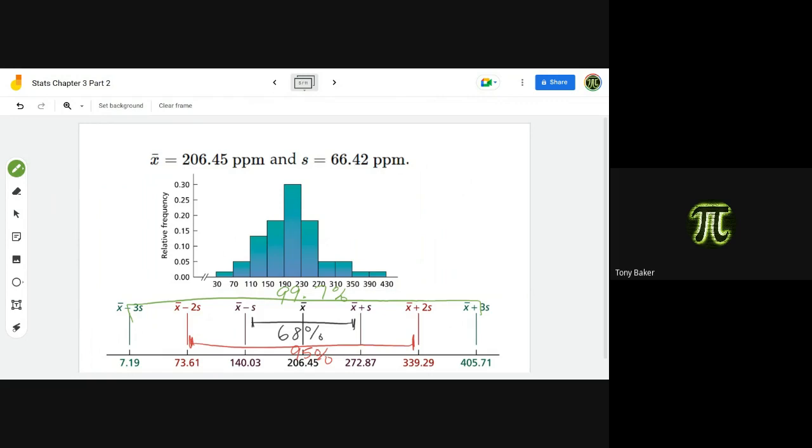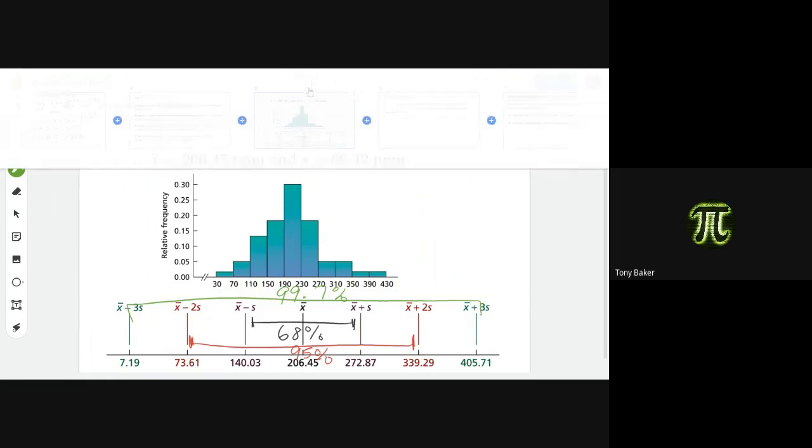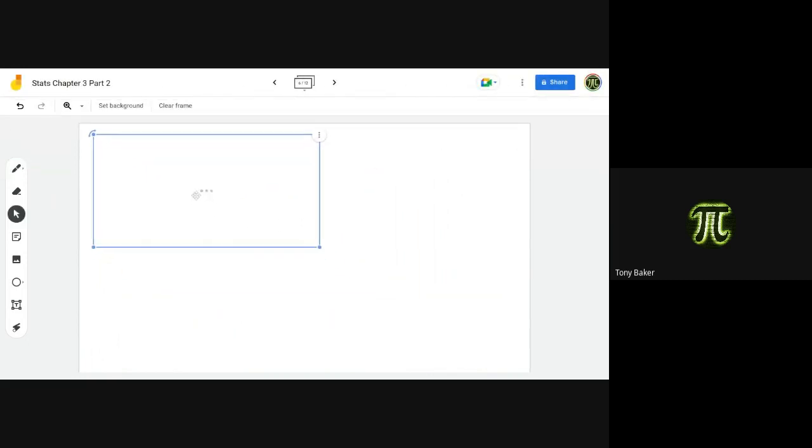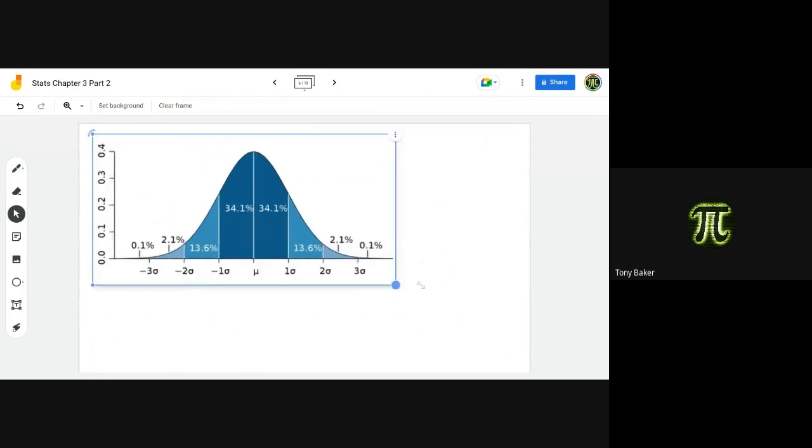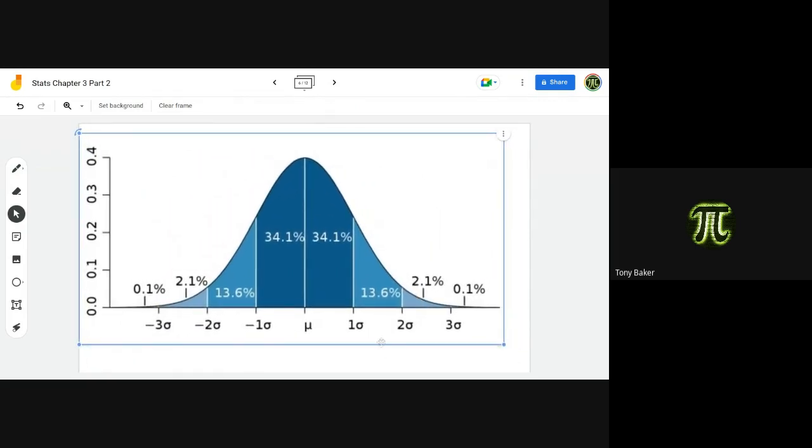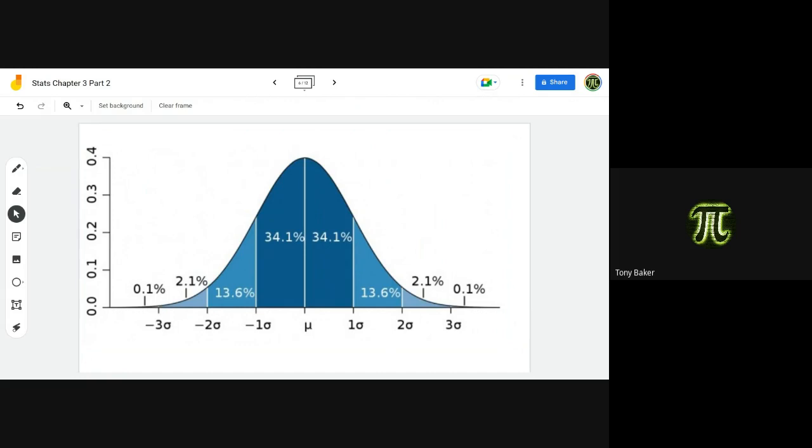Just on the picture. All right. So this one makes it a little more precise, but it's still 68, 95, 99.7.